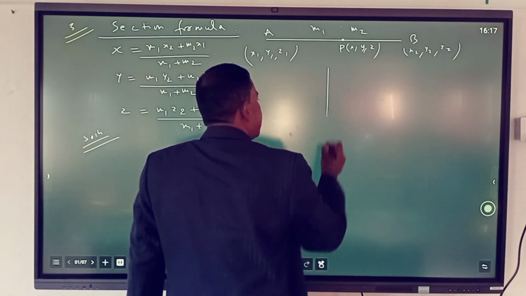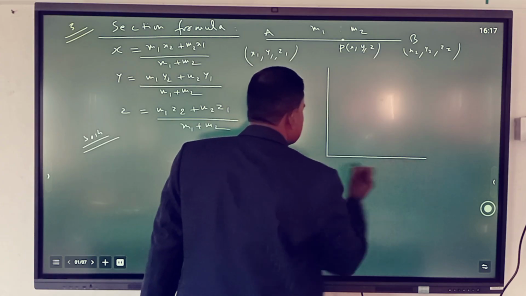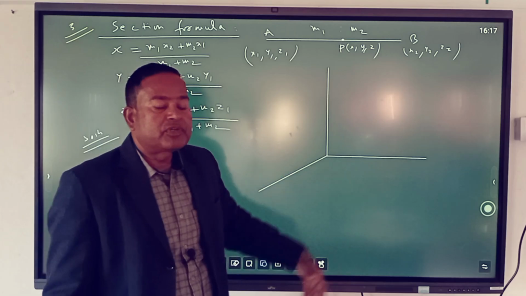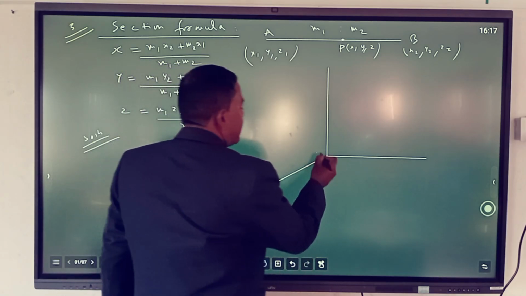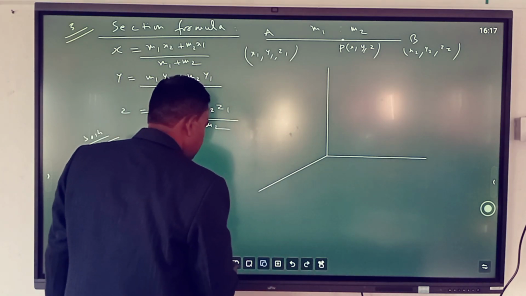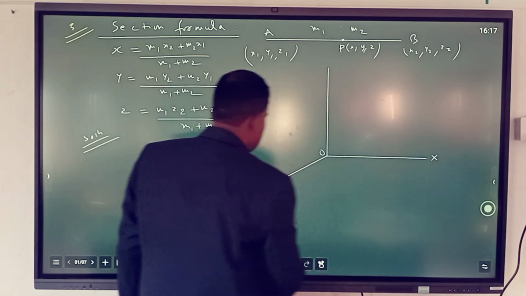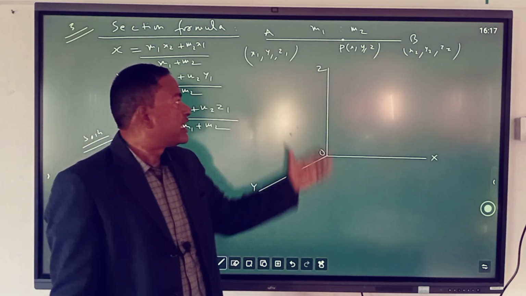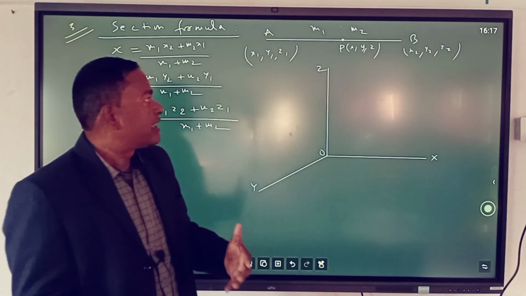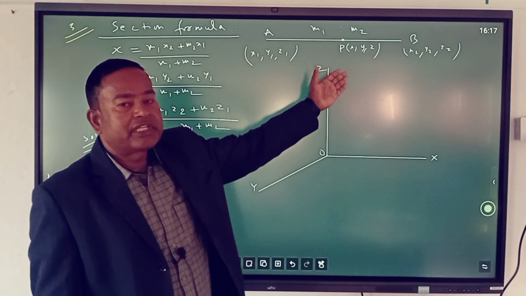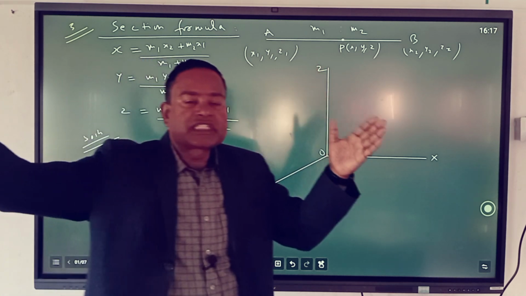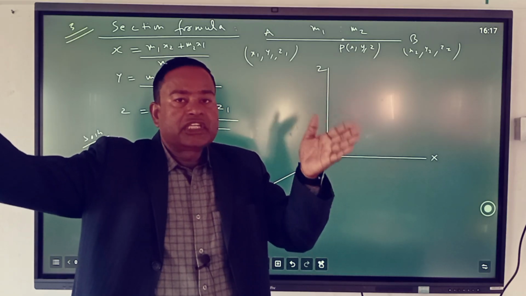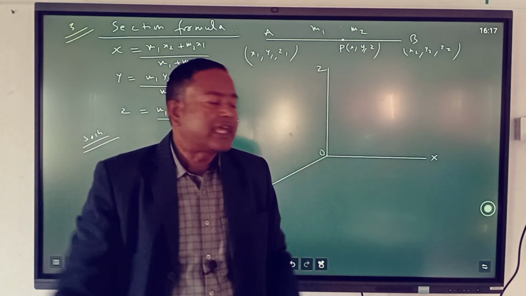Dear student, at first we take three mutually perpendicular lines OX, OY and OZ, because we have to find the coordinates of the point P(x, y, z), which is in this space, and the point P divides the join of any two given points in this space in the ratio m₁:m₂.